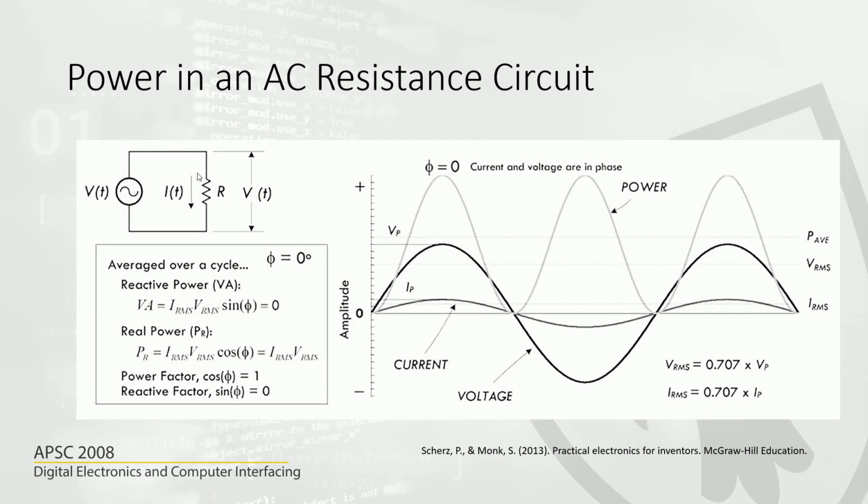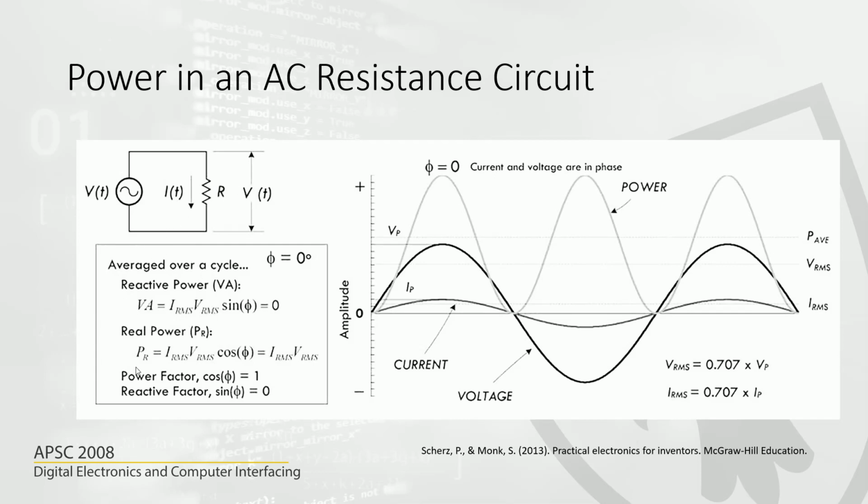But when the load is not resistive, if it is either inductive or capacitive, it stores energy and sends the power back to the source. This is power that oscillates back and forth from the source to the load and from the load to the source, and this power is called the reactive power.